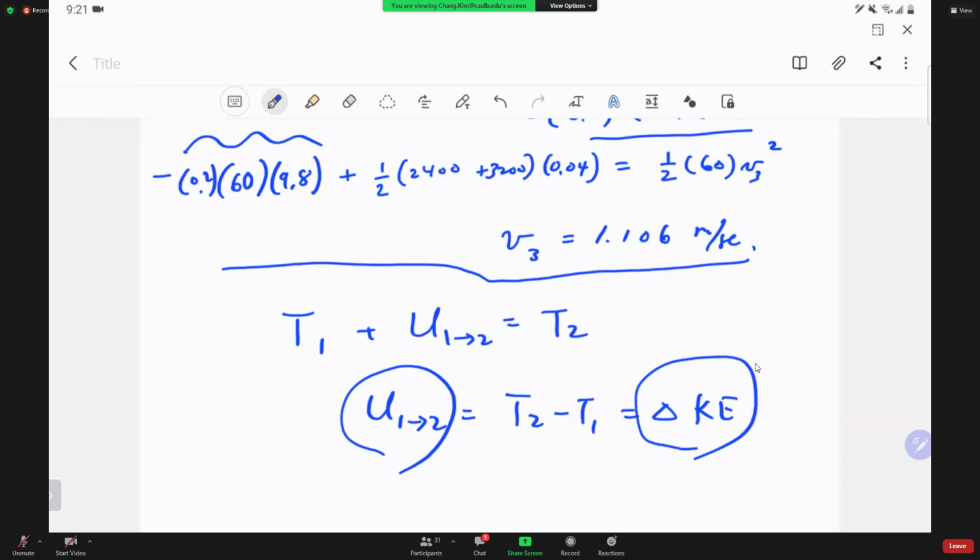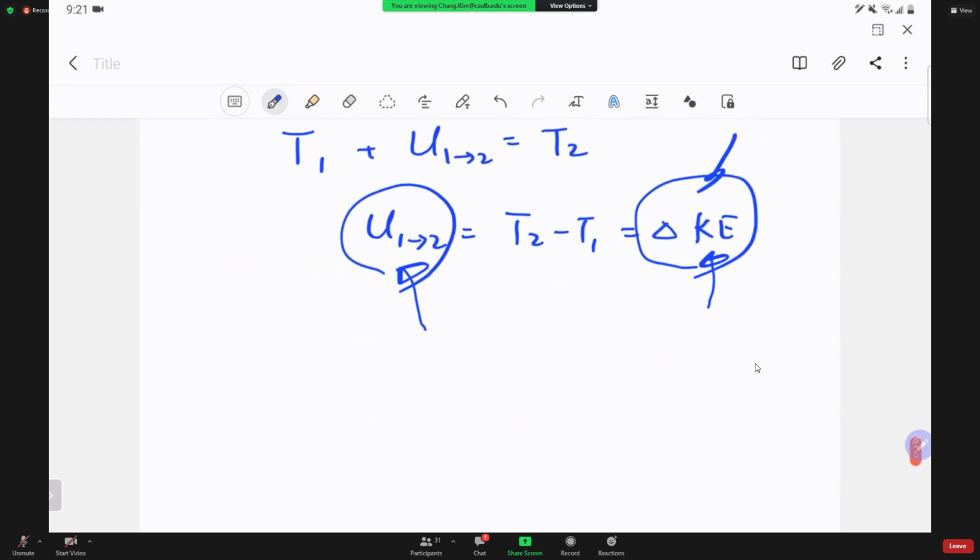Why? Because you've been introducing some work, right? So that disturbance comes in as a change in the kinetic energy of your system. If no work is done, there is no change in the kinetic energy of your dynamic system.